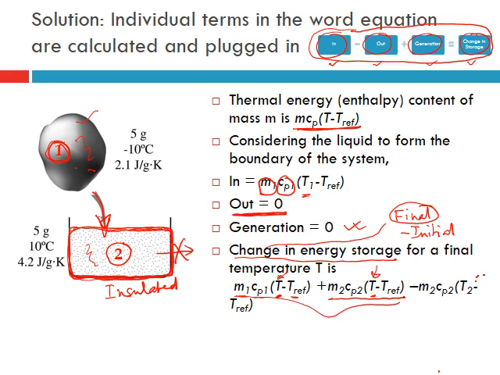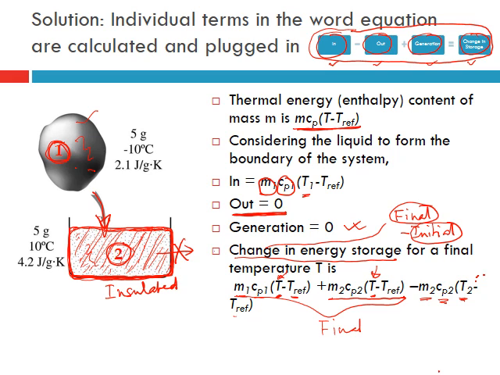So this part is my final amount of energy in this control volume. How much is the initial amount of energy in this control volume? In this volume or the domain or the system, I'm going to use them interchangeably in this case. So in this, there was only body 2. So the amount of energy that was there initially is M2 Cp2 times its initial temperature T2 minus T ref.